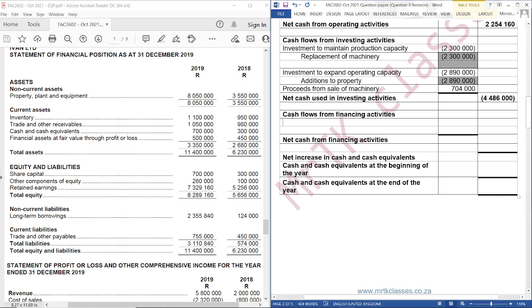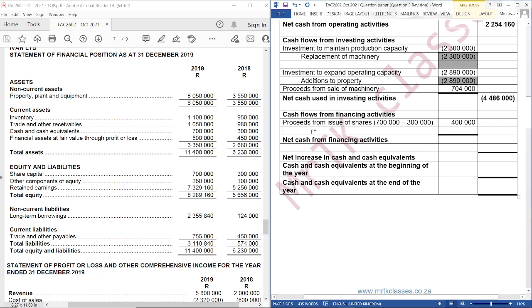So we are going to say proceeds from issue of shares, 700,000 subtract 300,000. The answer is 400,000, right?